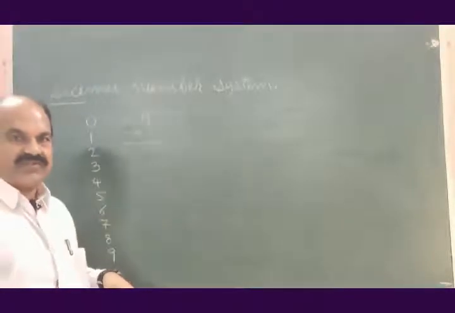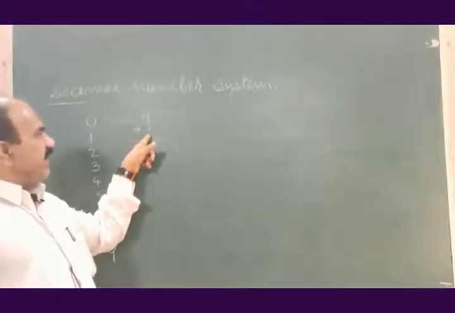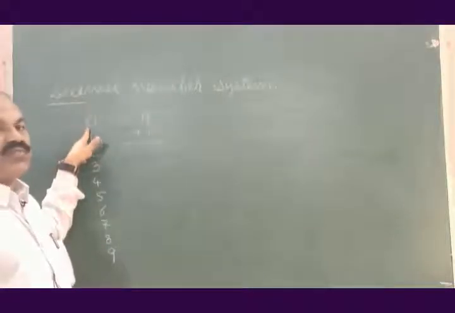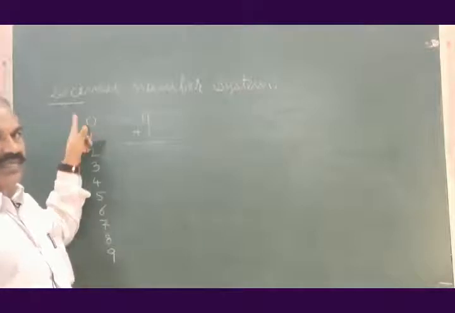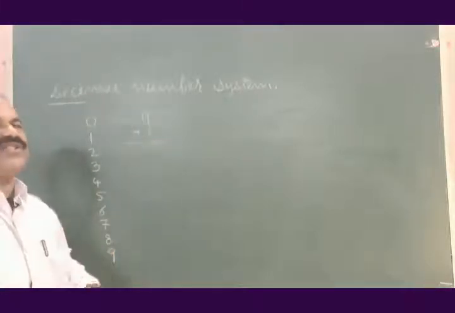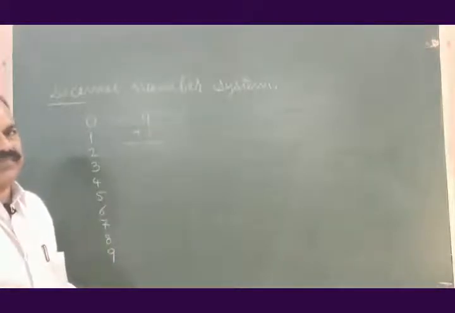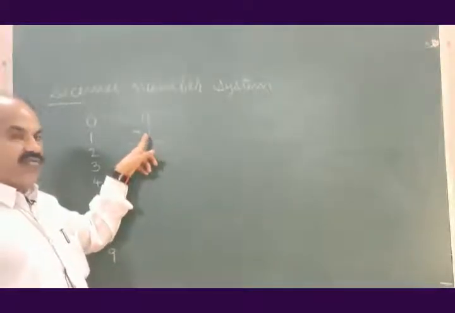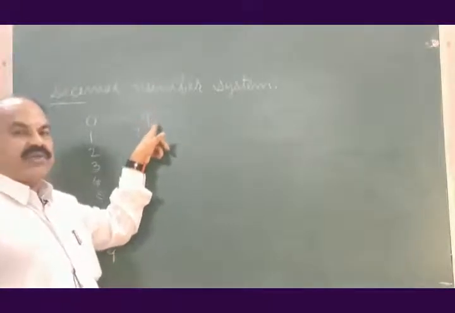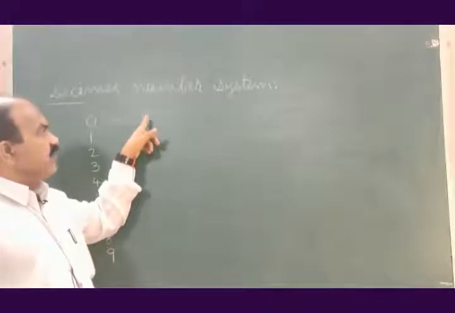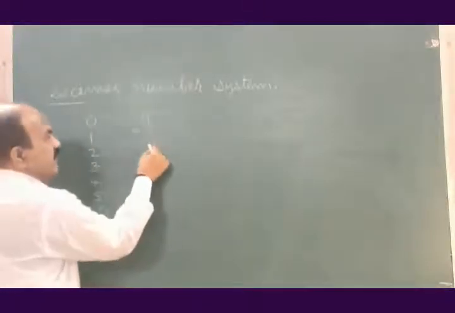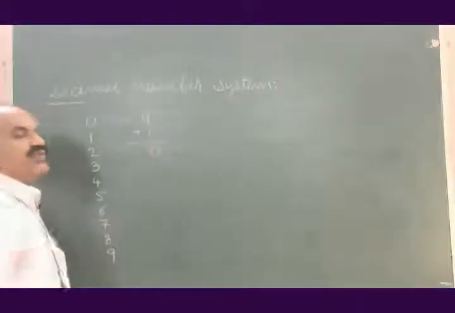For that purpose, I have added 1 to 9. 0 is the smallest symbol in decimal number system. 9 is the largest symbol in decimal number system. Whenever 1 is added to the largest symbol in the decimal number system, this largest symbol resets to 0.